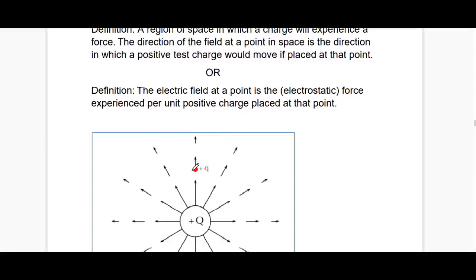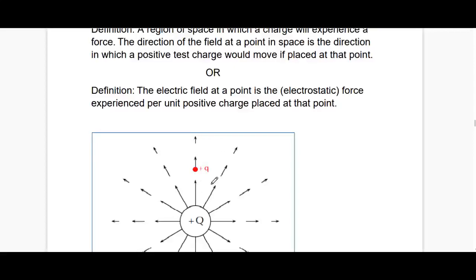If the test charge placed near a charge moves away from the charge, then it means that the field lines of that charge move outwards. And if the test charge moves towards the center of the charge, then it means that the field lines go inwards.